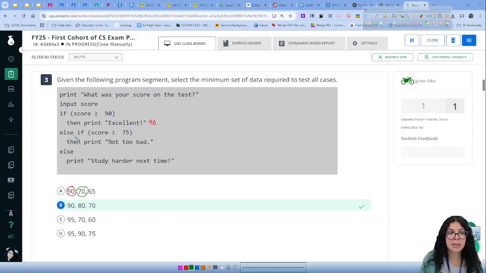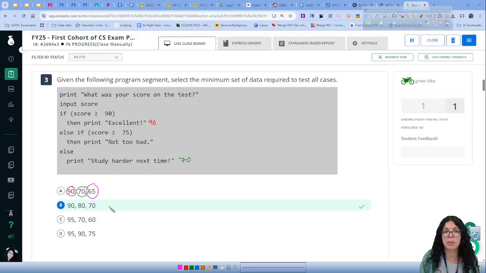So then otherwise, check if 70 is greater than or equal to 75. It's not. So then that would force me to run the else and print study harder next time. So 70 would print the study harder next time. So far, so good. 90 is going to test excellent. 70 is going to test study harder next time. So then I just need this last one to test the not too bad.